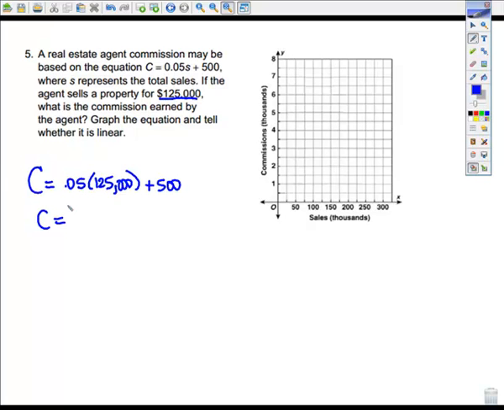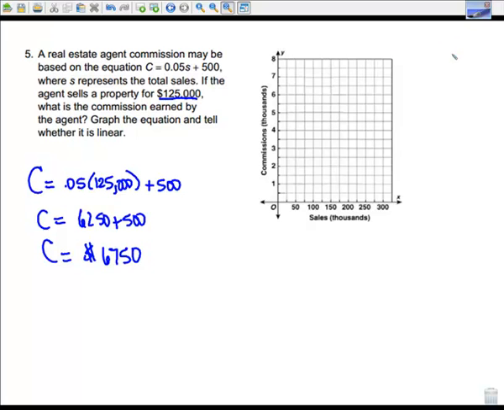So when we do this, 125,000 times the 5% is 6,250 plus the additional 500. So this person is going to make $6,750 in their paycheck for selling that $125,000 house. So if you're good at sales, might be a good profession for you someday.